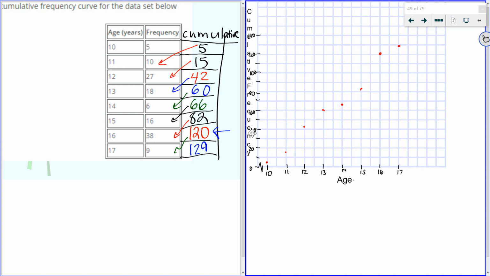Now, when you are done, you're going to want to connect the dots. I think I missed one.